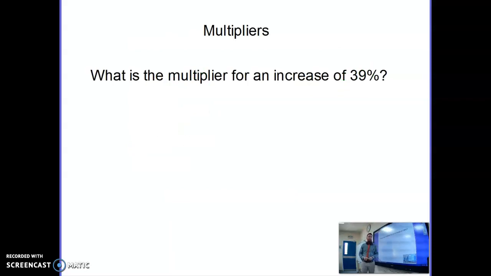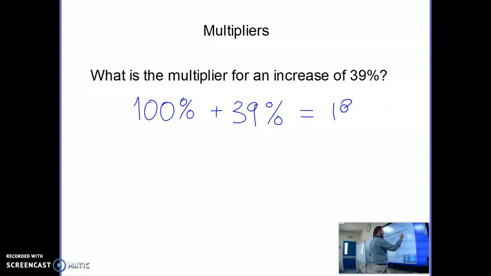If I want a multiplier for an increase of 39%, what I'm doing is I'm taking the original amount, which is 100%, and then I'm increasing it, I'm adding to it, so I'm adding 39%. And 100% add 39% is going to give me 139%.